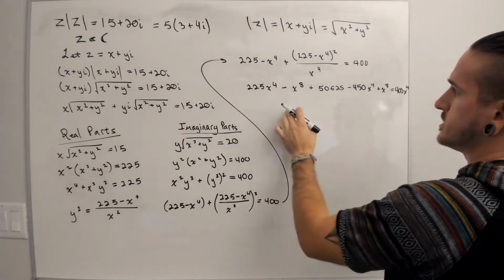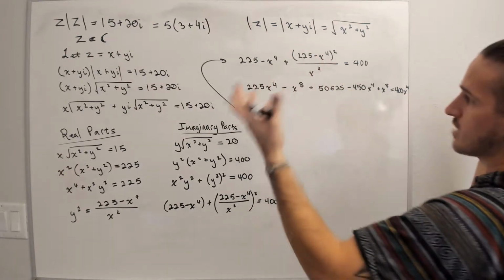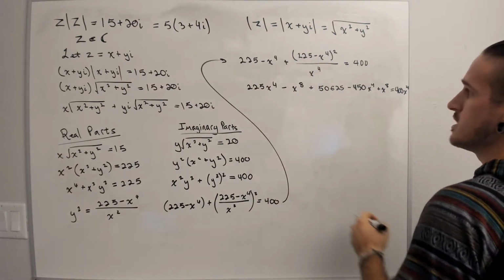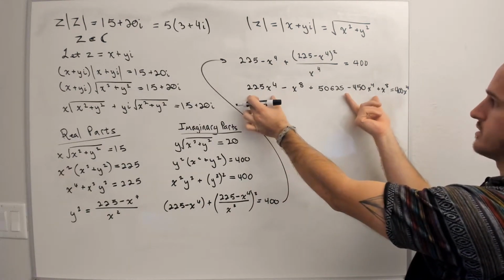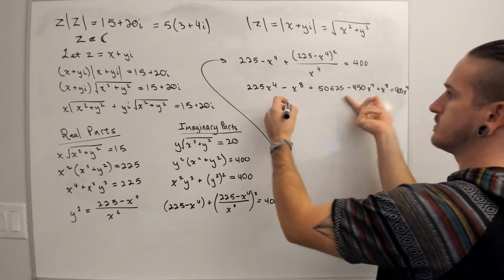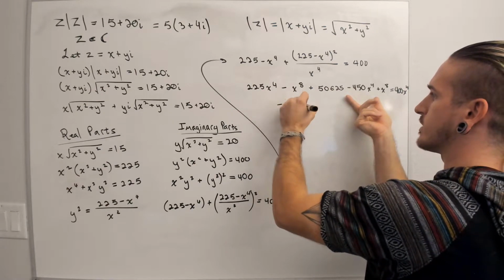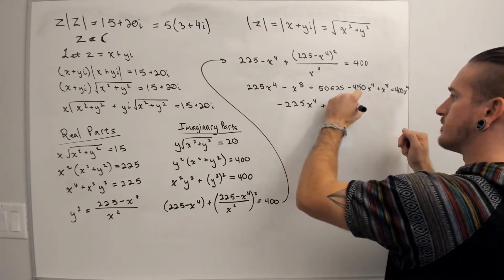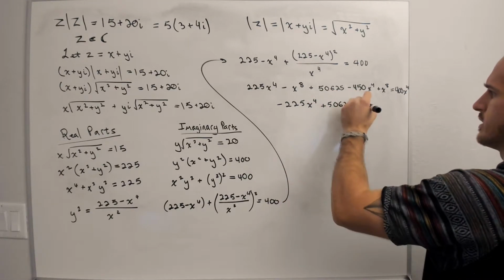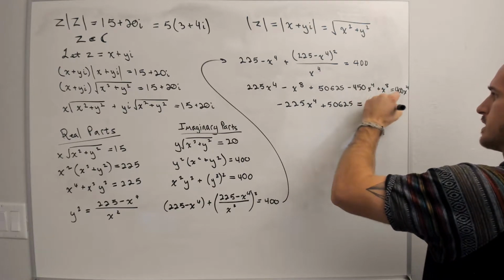Combining like terms here, well, the x to the eighths cancel out. That's nice. And then we have these two right here, 225x to the 4th minus 450x to the 4th would give us negative 225x to the 4th plus our 50,625. And that's going to equal 400x to the 4th.